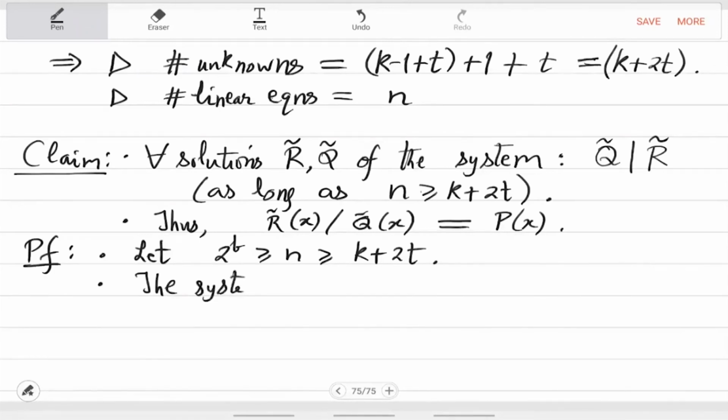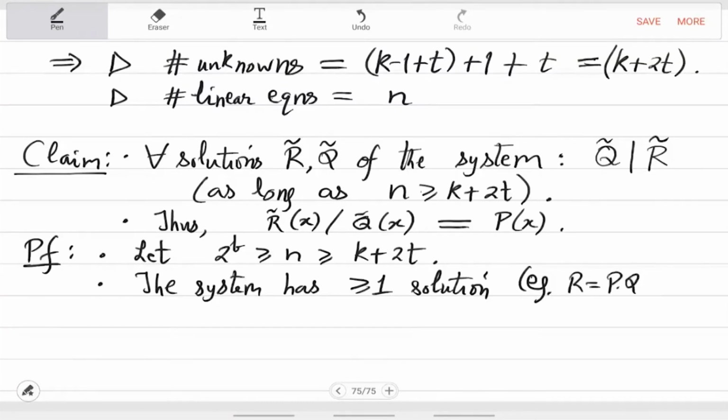So you know that the system has at least one solution, for example R equal to PQ and Q the error locator.